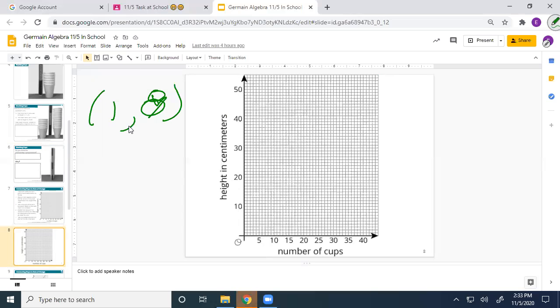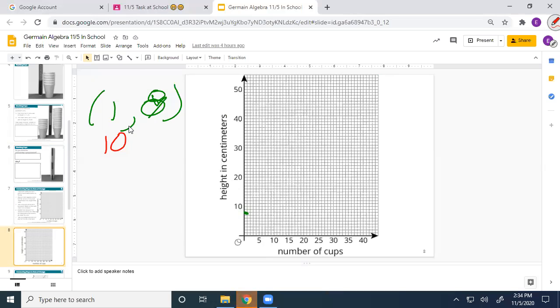So on your graph, you're going to go over to 1, up to 8, and you're going to put a little dot. I'm going to have to go in with my eraser just to make it a little bit better. Okay? So now we need to find another data point. Let's look at 29, when he said it was 50.